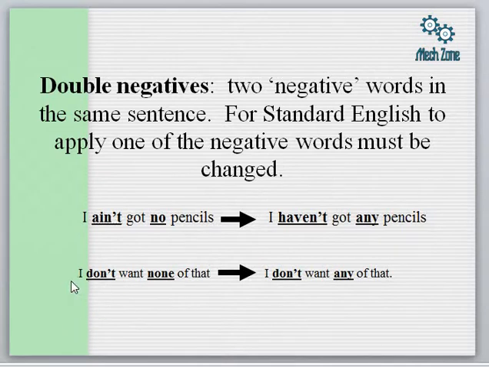So upon correction, we will find I don't want any of that. So don't will remain unaltered and the word none would be changed to any. So these are the ways of how we are going to handle negative words, and that too double negative words when they are given in one single sentence.